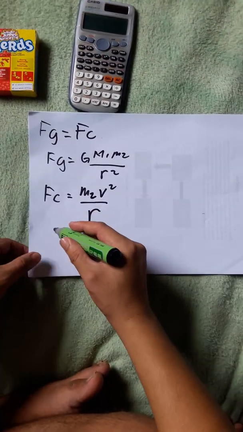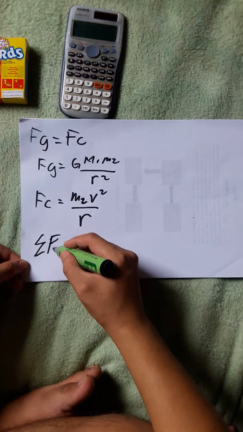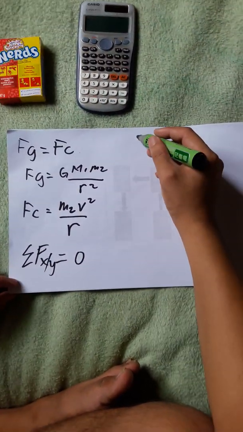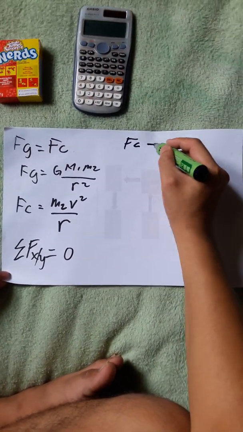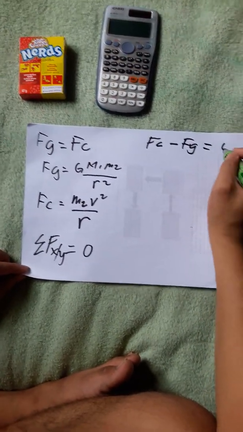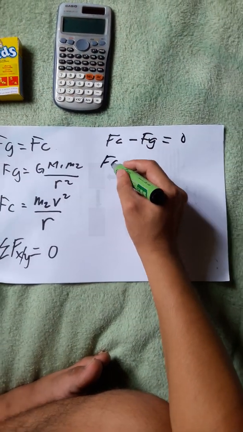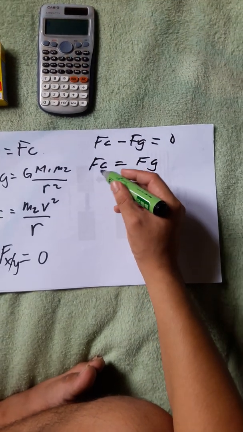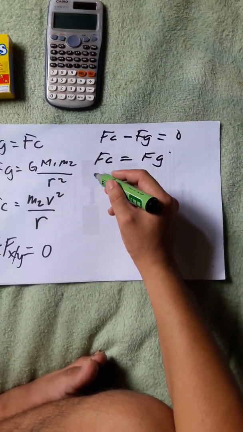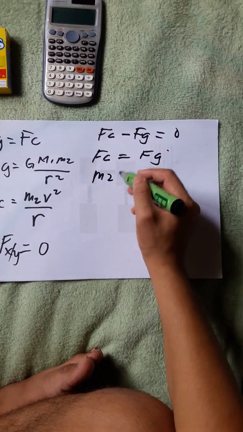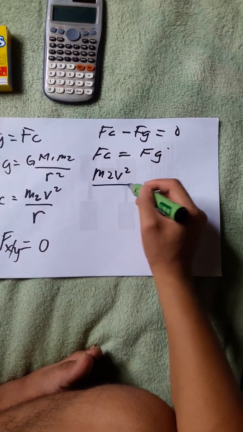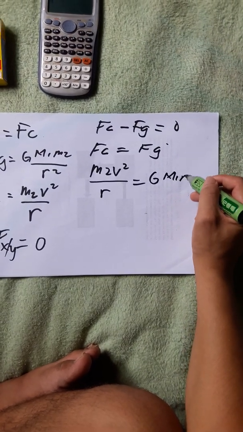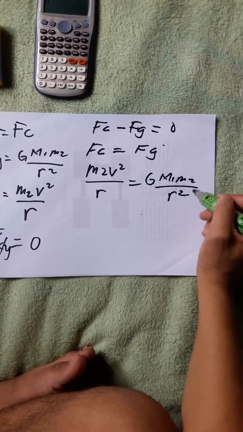So, summation of forces along x or y is equal to 0. Then Fc minus Fg is equal to 0. So Fc is just equal to Fg. Then we substitute these equations to this. So we have M2 V squared over R is equal to G M1 M2 over R squared.